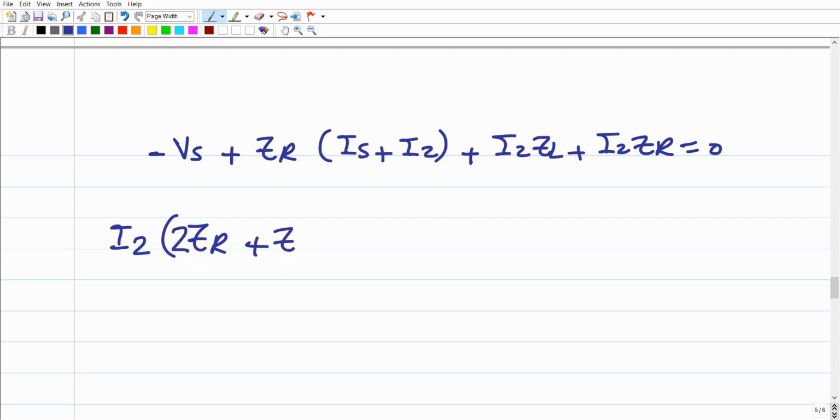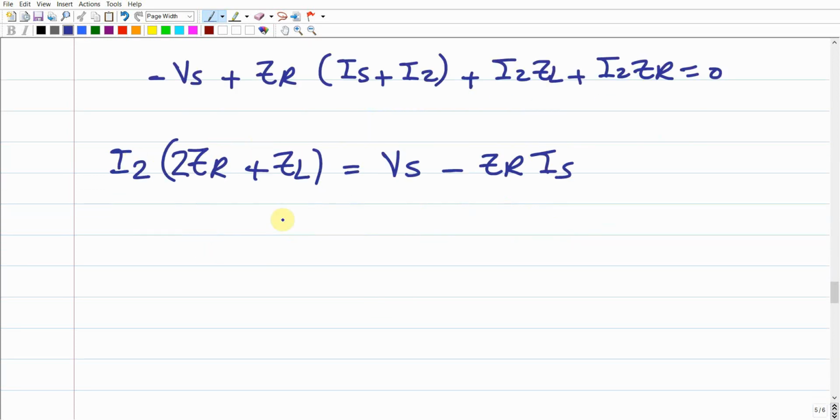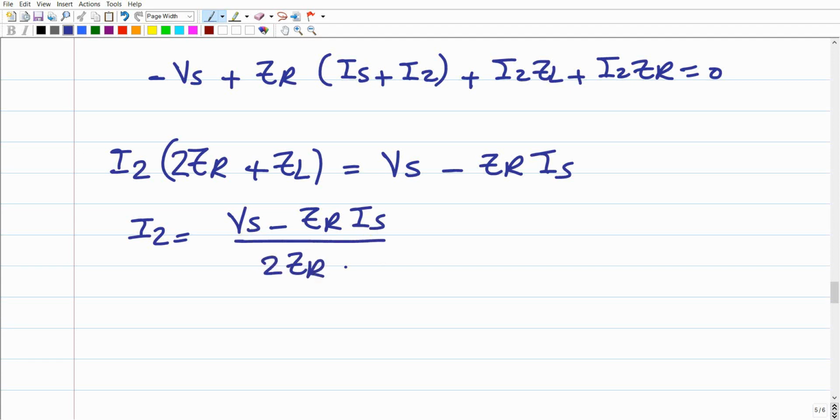Plus the ZL, just collecting all the I2 terms. And move the other terms to the other side. Vs is going to be positive, negative ZR times IS. Then you can divide by this term to end up with I2. So simply this is going to give us I2 as Vs negative ZR IS divided by 2ZR plus ZL.